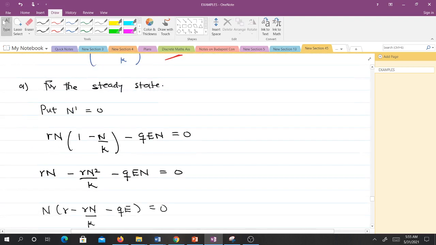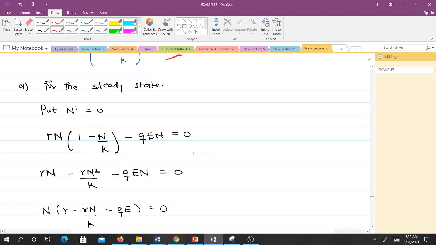So for the steady state, we have to find a fixed point of our model, right? So we set the derivative N prime to 0, and we get rN times 1 minus N over K, minus QEN equals 0.